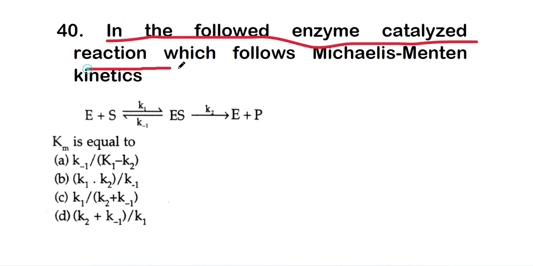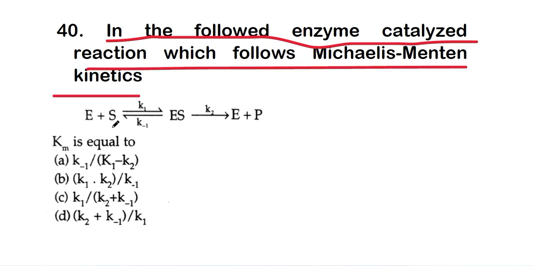In the following enzyme catalyzed reaction, which follows Michaelis-Menten kinetics? And this is the equation, and here we are asked that Km is equal to option A, that is K minus 1 divided by K1 minus K2, or option B, that is K1 into K2 by K minus 1, or option C, K1 divided by K2 plus K minus 1, or option D, that is K2 plus K minus 1 divided by K1.